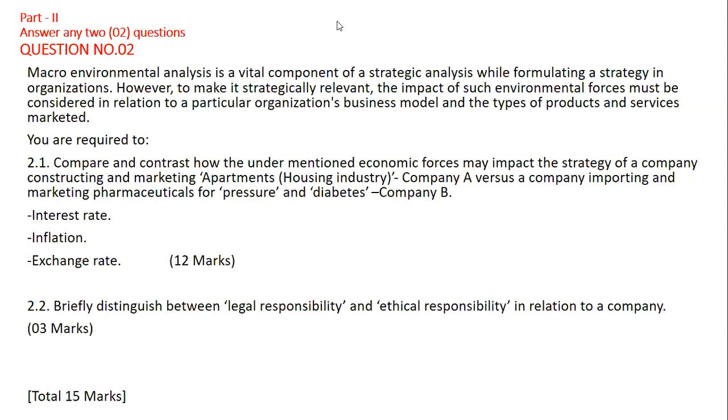So question number two is from the area of macro environment, which you would have done in your theoretical area. Just to remind you, macro environment and micro environment analysis are very important in the strategic environment analysis in the strategic management process. Once you set the directions in terms of vision, mission and objectives, you analyze both internal and external environments.